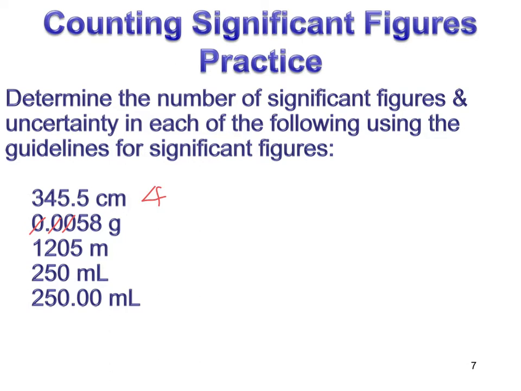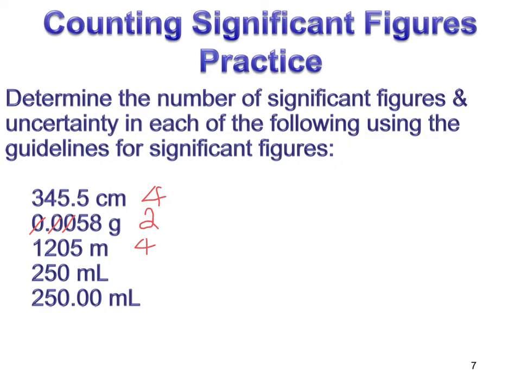So only the 5 and the 8 count, giving 2 significant figures. In the third example, the 1, the 2, and the 5 definitely count. The 0 is sandwiched between the 2 and the 5, therefore it also counts, and there are 4 significant figures.